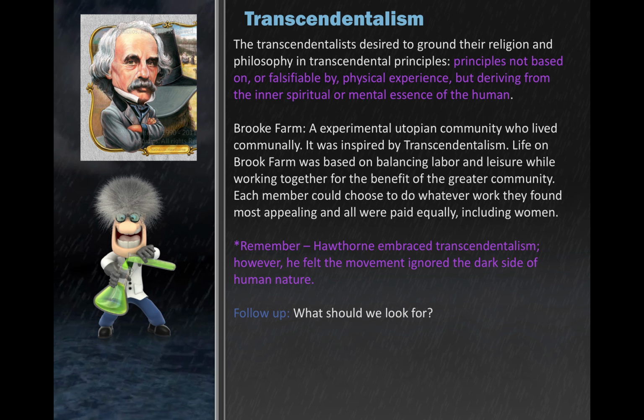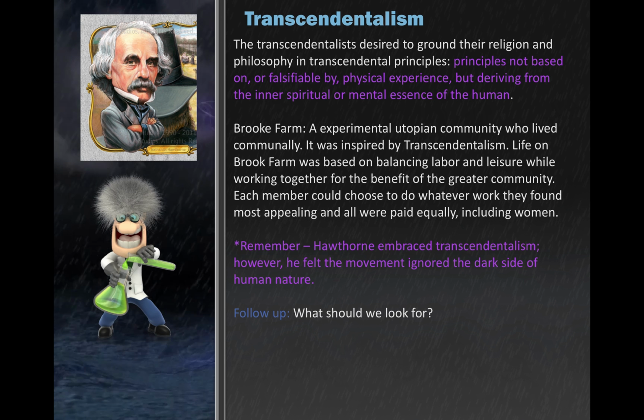Brook Farm was an experimental utopian community who lived communally. It was inspired by Transcendentalism. Life on Brook Farm was based on balancing labor and leisure while working together for the benefit of the greater community. Each member could choose to do whatever work they found most appealing, and all were paid equally, including women, which was extremely radical for the time.